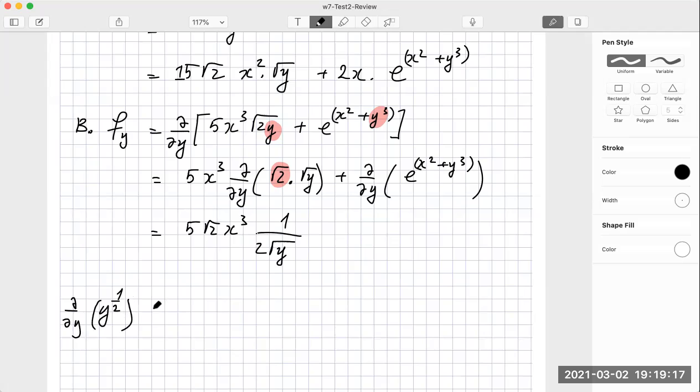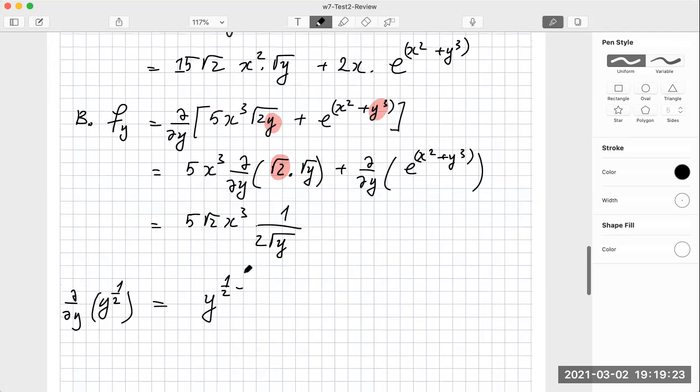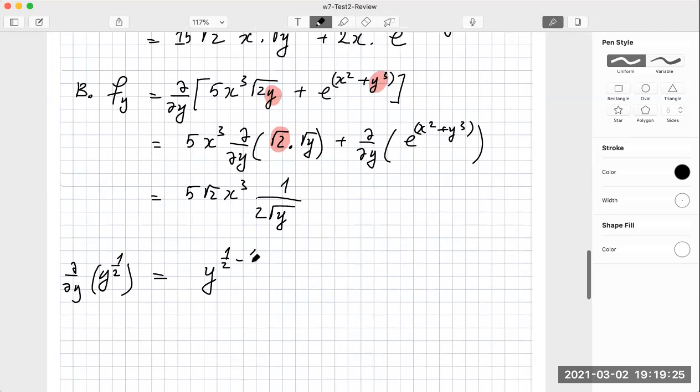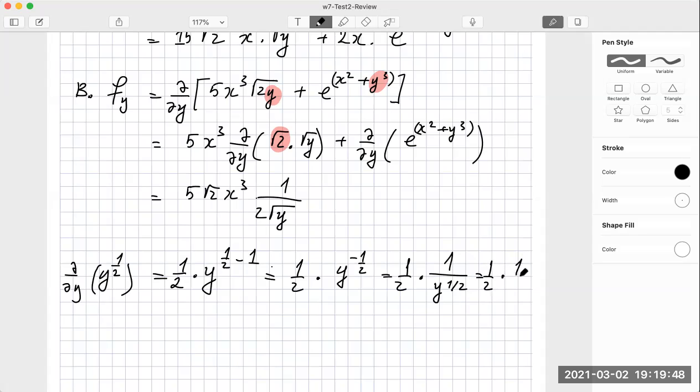The derivative of this would be y to the 1/2 subtract 1, and we multiply with the power, which is 1/2, so it is 1/2 times y to the negative 1/2, or 1/2 times 1 over square root of y, which can be written as 1 over 2 square root of y.